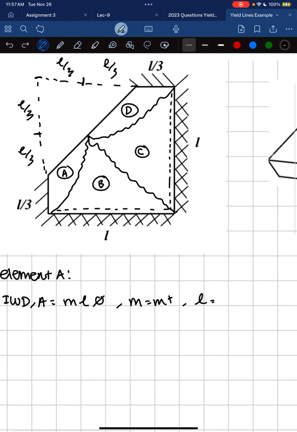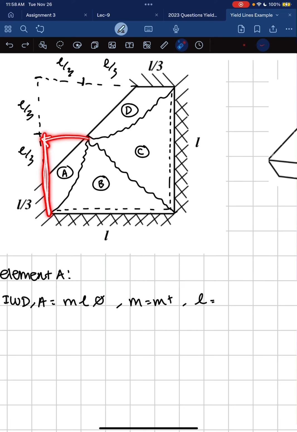So we have this yield line here on region A, and we project it onto this axis. Whatever this distance is, that's our L. In that case, it's L over 3 plus L over 3, which is 2L over 3.